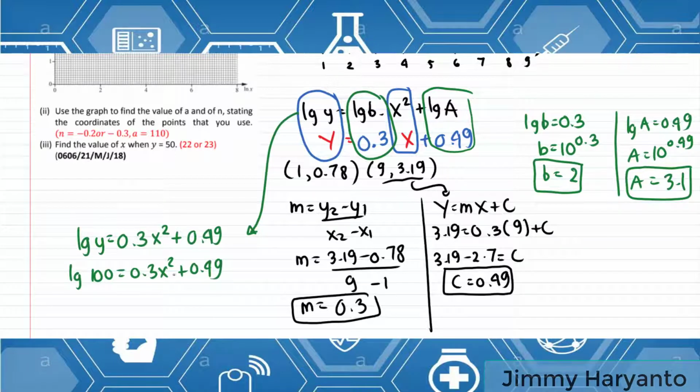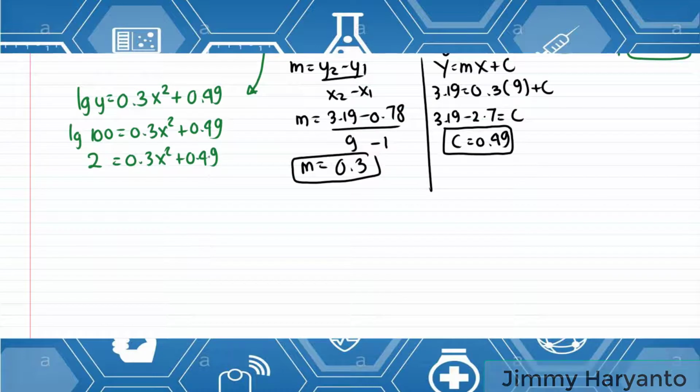squared plus 0.49. lg 100 equals 2. So 2 equals 0.3 x squared plus 0.49. Move the 0.49 to the left side. It will become 1.51 equals 0.3 x squared, and then x squared equals, divide by 0.3, it will be 0.5.